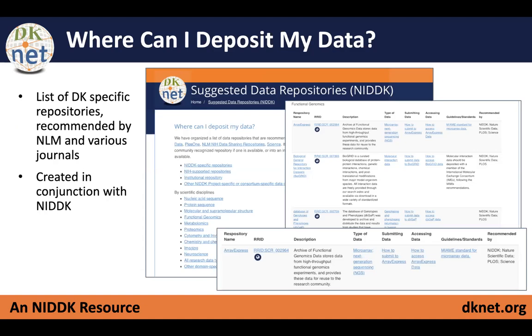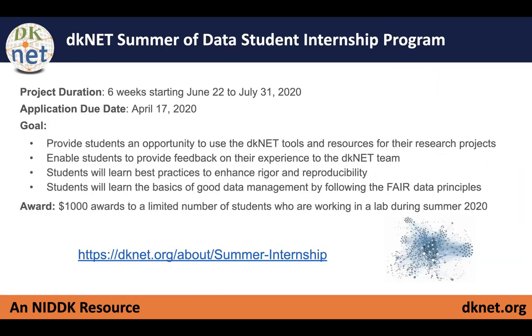So it is a very complex world in terms of determining where one might go. And so this is where, based on our discussions with NIDDK, we're providing guidance on where people should be depositing data, based on a number of different criteria.